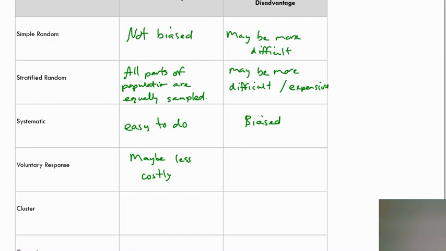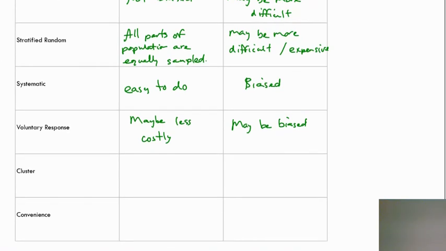Now, the other thing is they may be biased because only the people that really have a vested interest in doing it will be motivated to do the survey. So they either want to complain about something, or they're going for a prize, or they really like that topic or that product. So they're already skewed to sort of agree with liking it anyways.